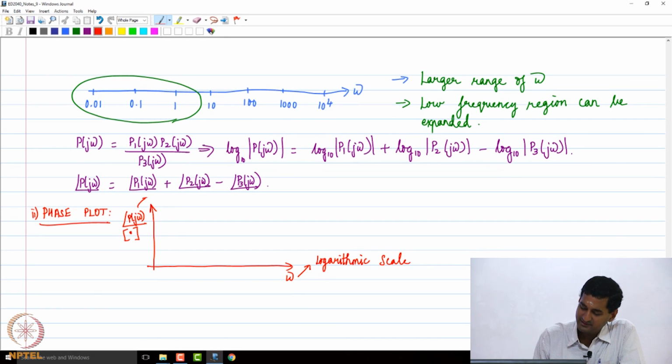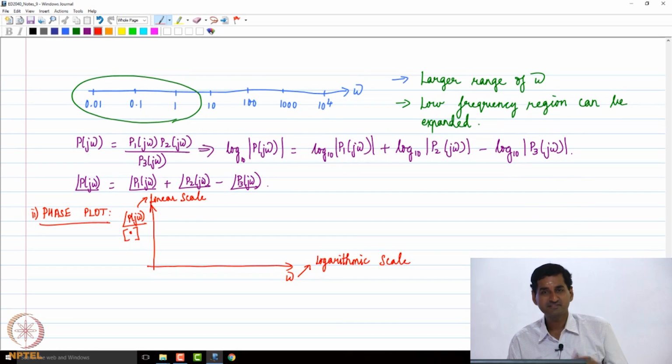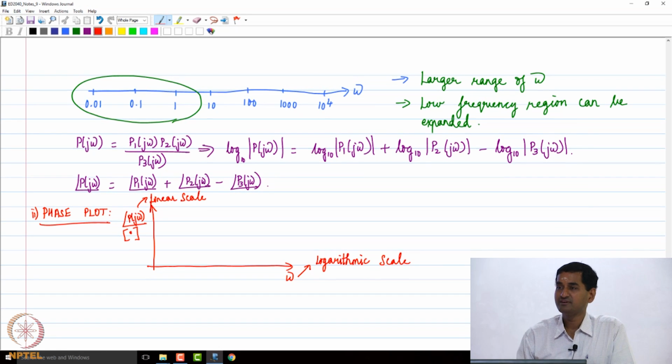Here we just use a linear scale, there is no need for any logarithmic scale here. You calculate the phase. Anyway, the phase of the complex valued function satisfies this property, so we do not need to take the logarithm as such. We just use a linear scale for that.